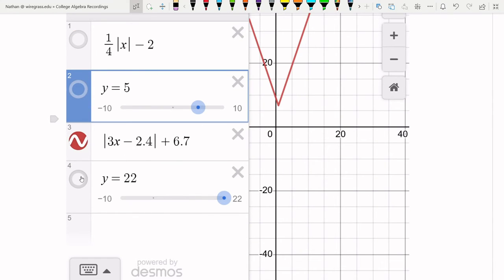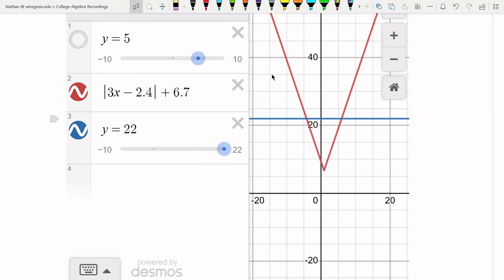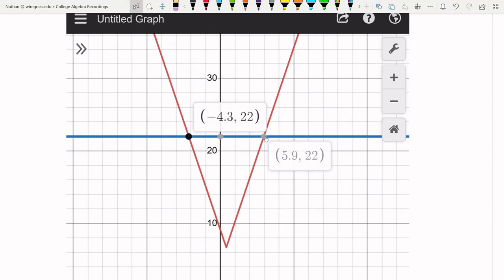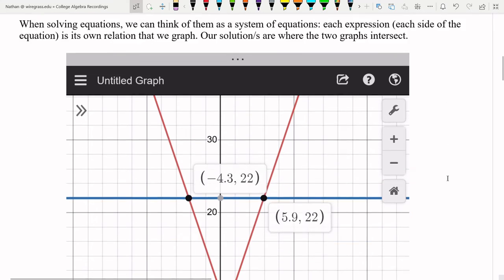Here's the first equation, and y equal to 22. Okay, in the system, we're going to solve it by looking at the point of intersection. That's going to be at negative 4.3 and 5.9. So we get the same answer.